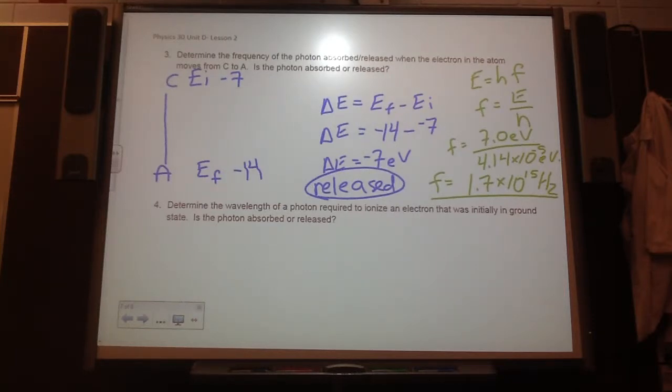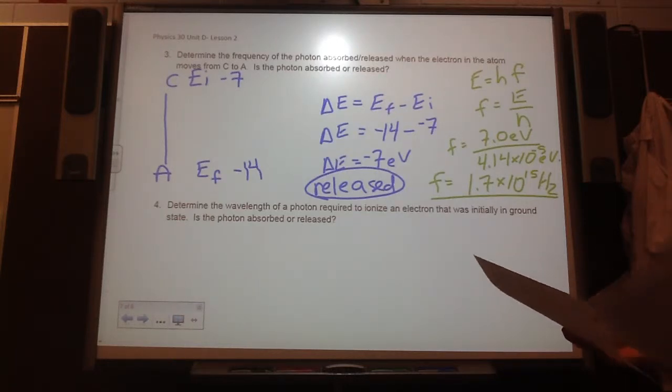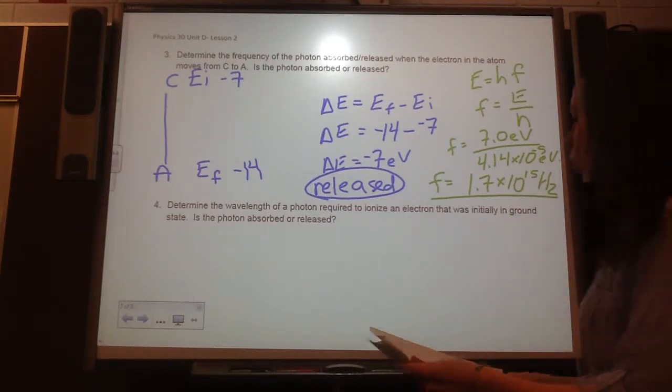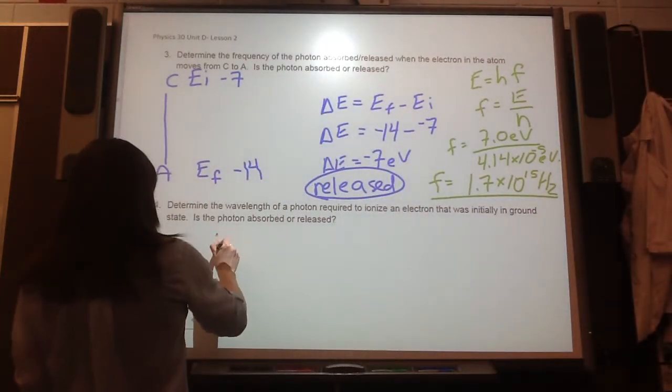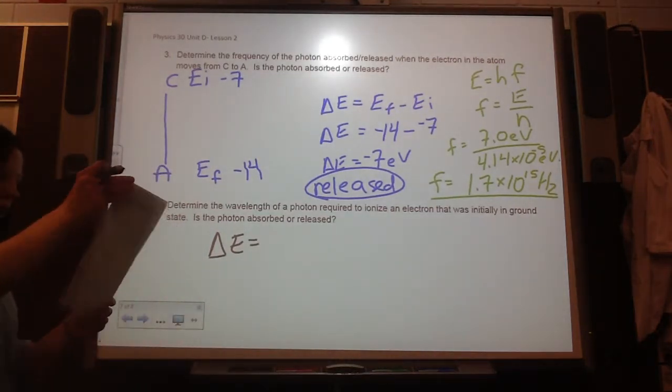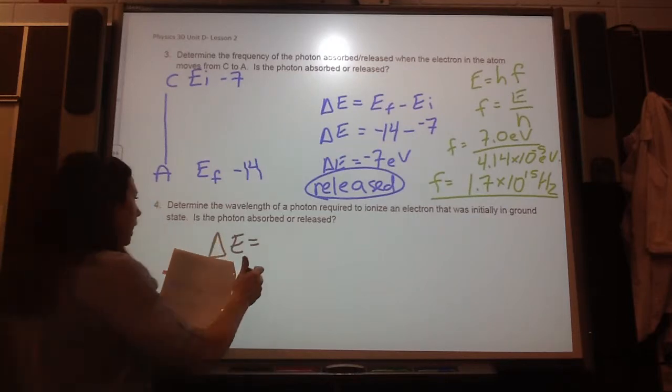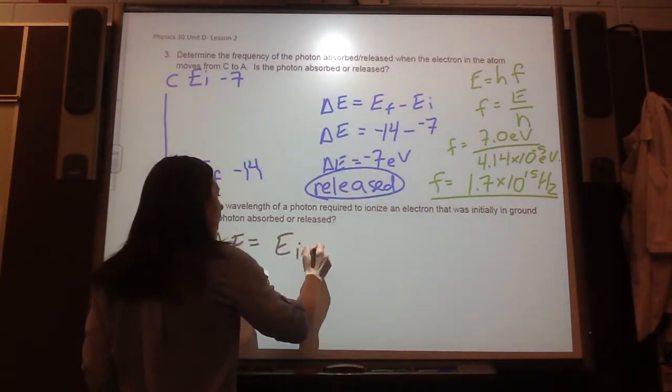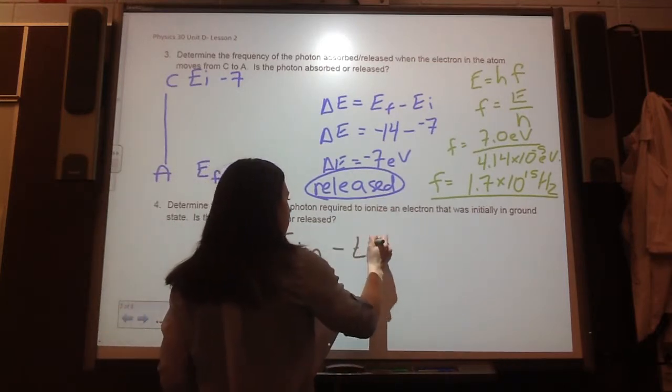Okay, so next, determine the wavelength of a photon required to ionize an electron that was initially at ground state. So that means you're going all the way from ground state to the ionization one. What we need to find first is our delta E. So I would put E ion as the final minus E ground.